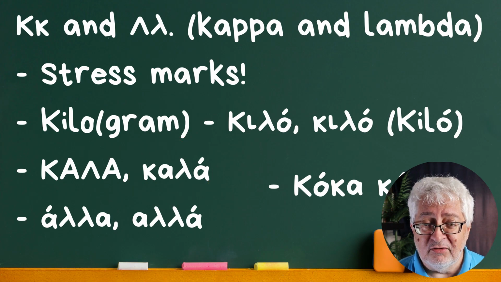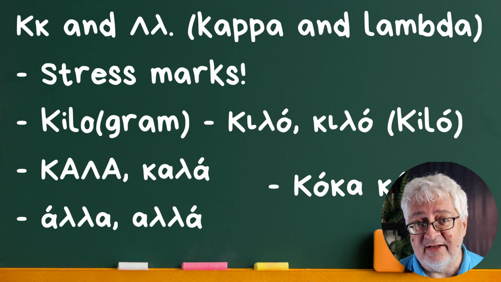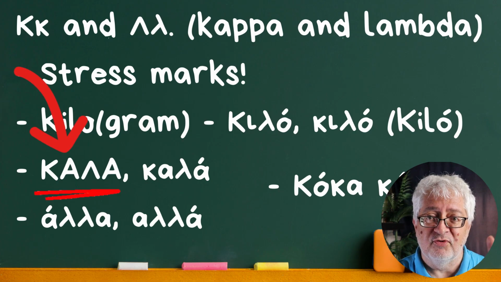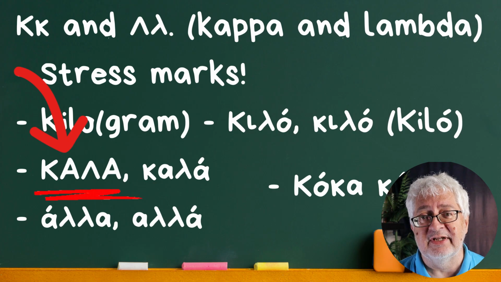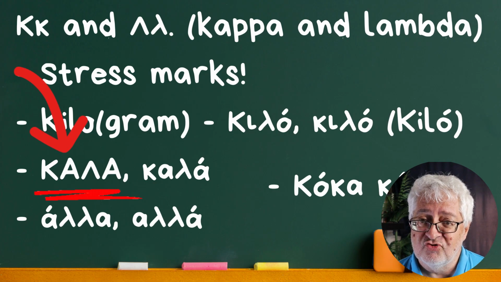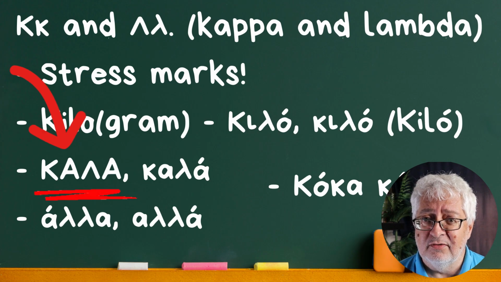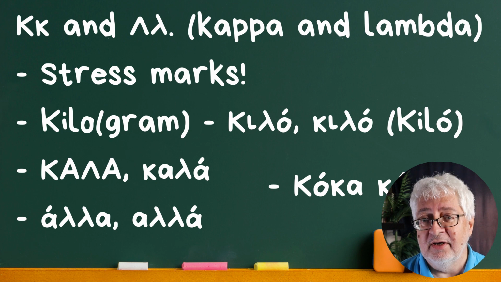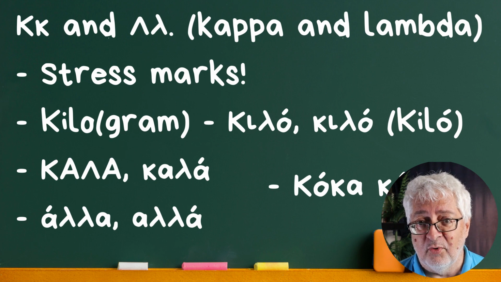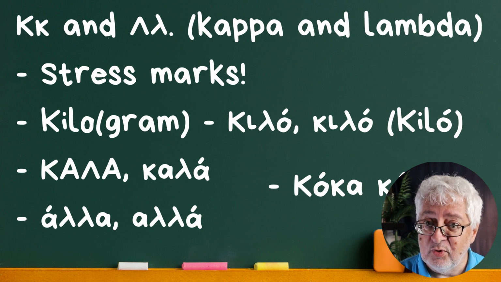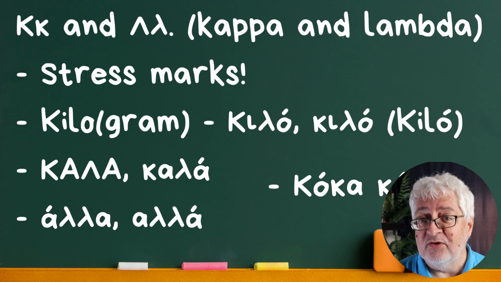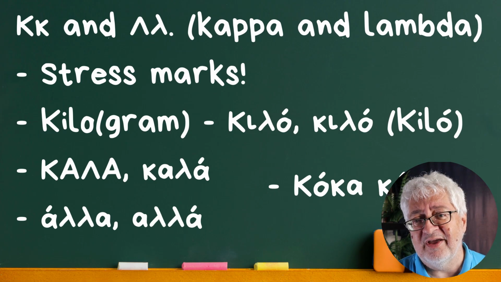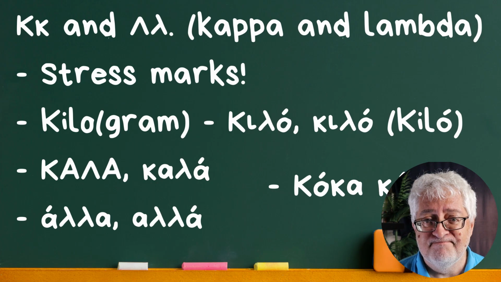And notice also that when you write it in fully capital letters, like it would be perhaps on a shop sign, then you don't have the stress mark, the tone mark. You don't write these tone marks on capital letters, you write them only on small letters. This is why when you have a word that is entirely in capital letters, you don't have the stress mark, so then you have to guess which word is meant.